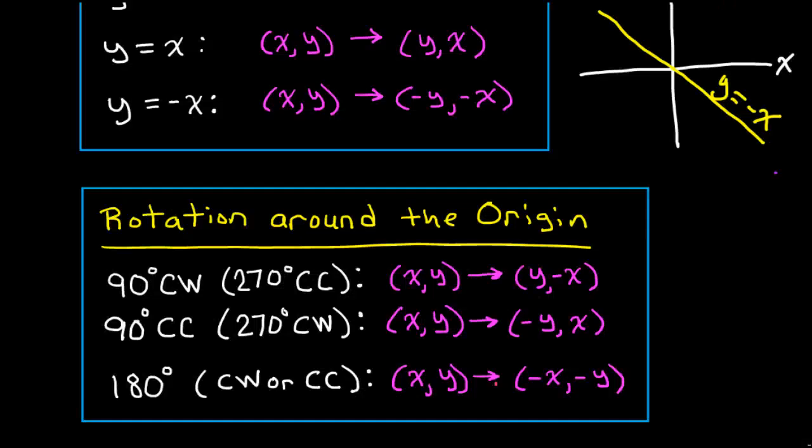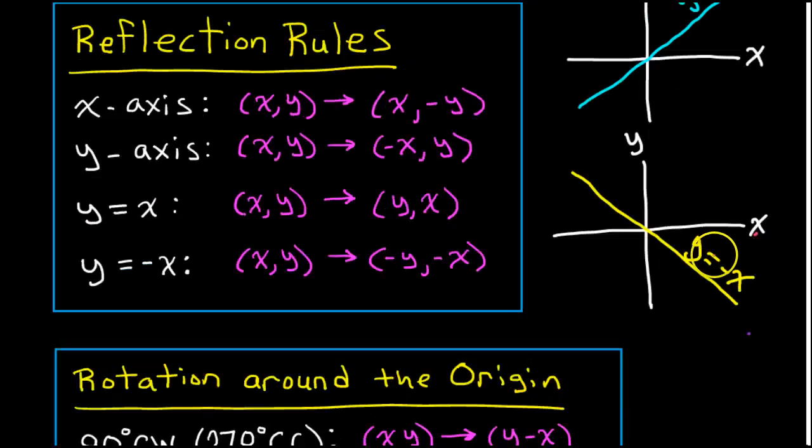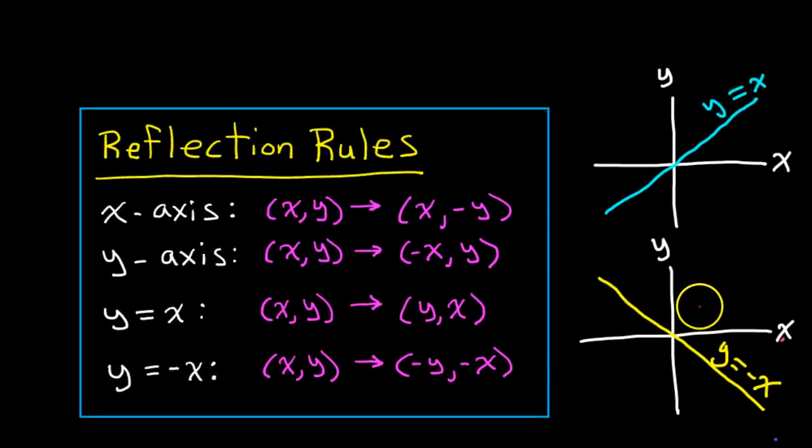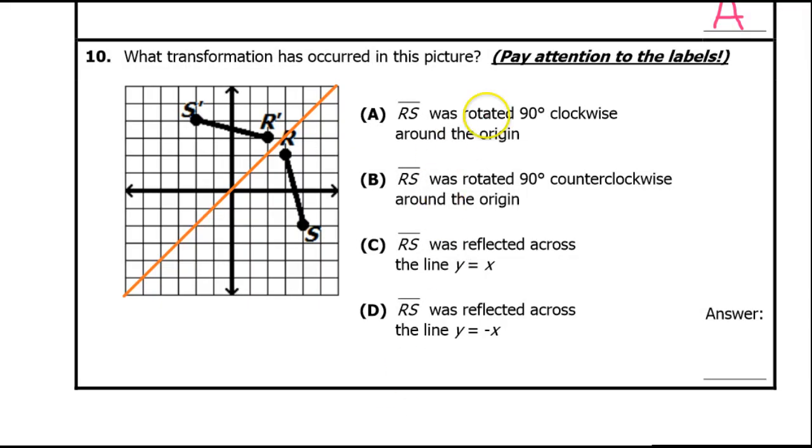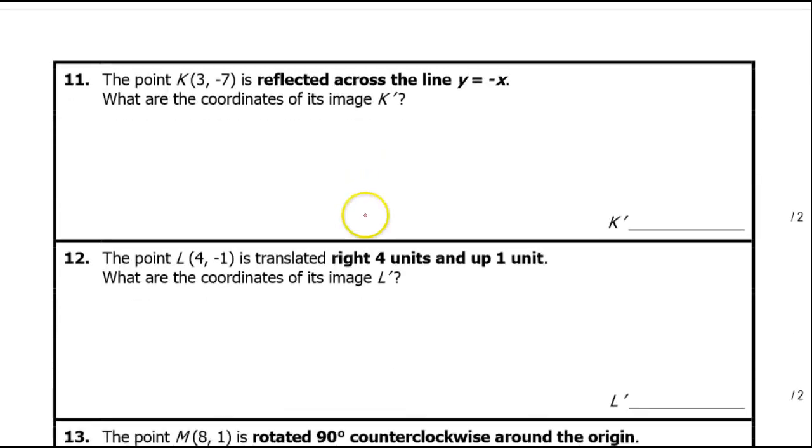And so this is the line y equals x. A diagonal line that goes uphill is the line y equals x. So that means that this is a reflection over the line y equals x. All right, so the answer is C. Okay, that's it for number 10.